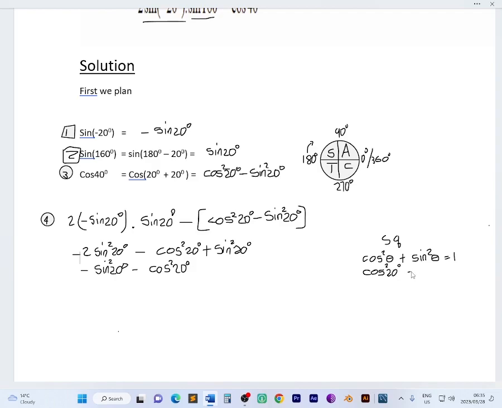So cos squared 20 degrees will be equivalent to 1 minus sine squared 20 degrees. So now I'll substitute, which means I have to replace cos squared 20 degrees with 1 minus sine squared 20 degrees, in brackets.